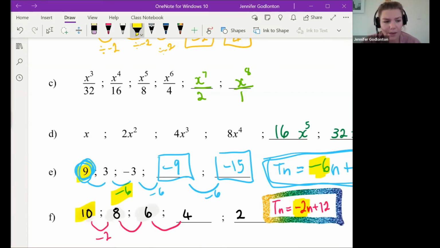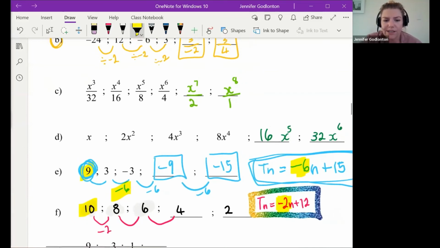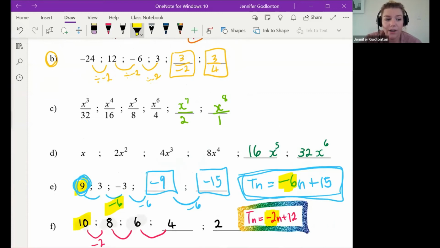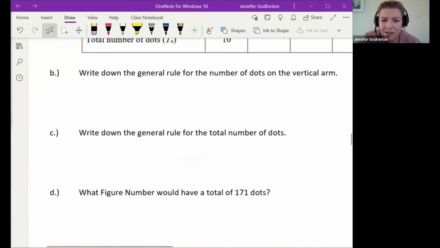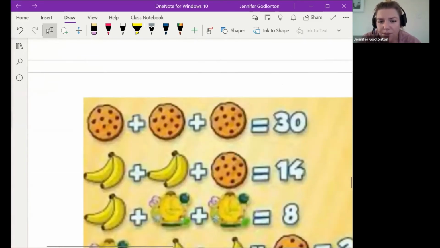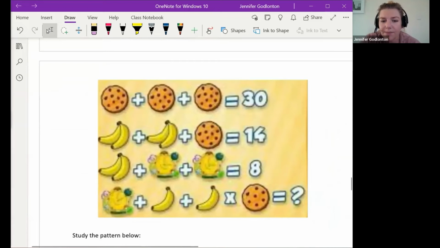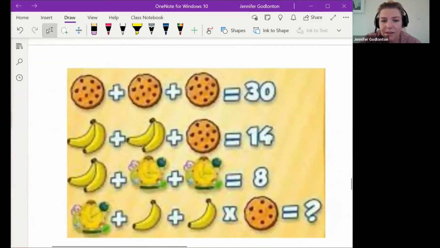Cool. Okay, guys, we're going to do a quick brain break. We're going to do one of our puzzles. It's not too tricky today. And then we are going to do one picture puzzle, and then it's going to be time for your quiz today. We're just going to do this quick puzzle today. And let's see how this one goes.